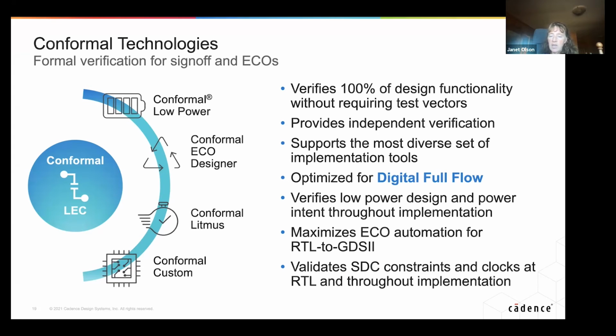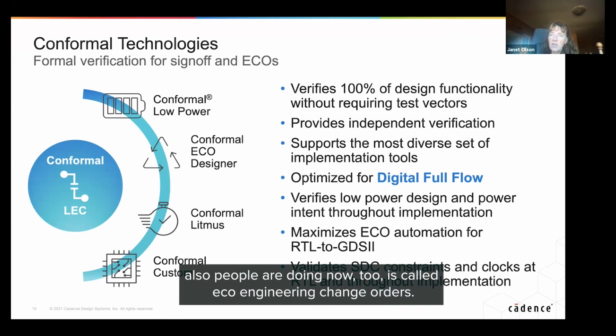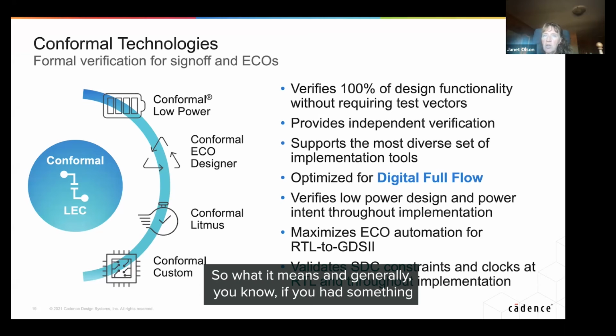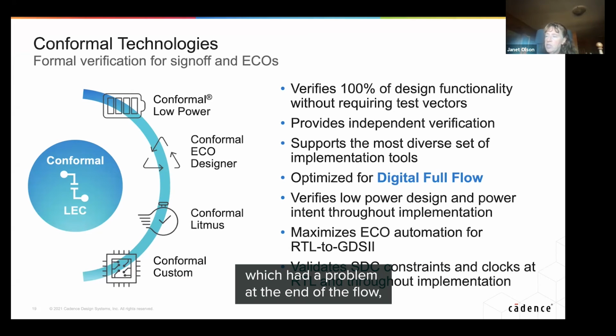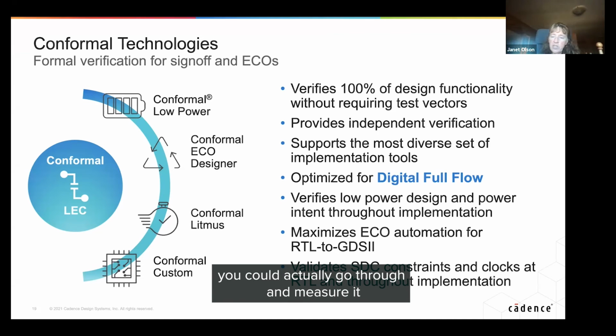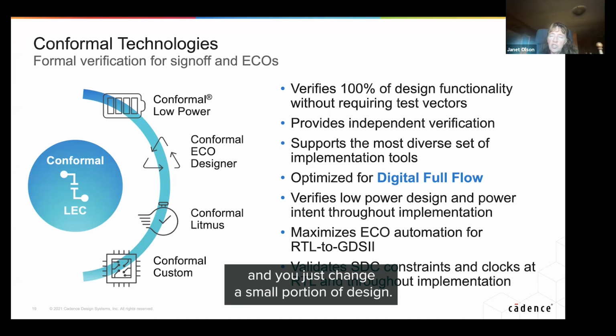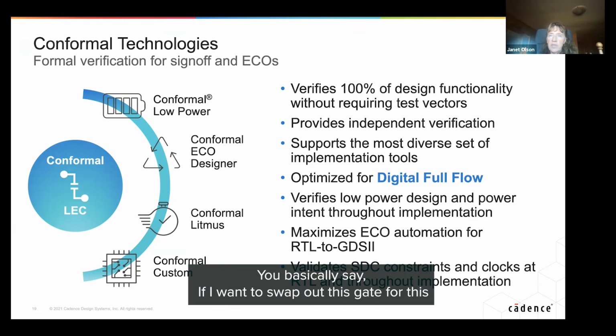We also do another thing that people are doing now, called ECO, which stands for engineering change order. Generally, if you had something which had a problem at the end of the flow, you could go through and change just a small portion of the design. You basically say, I want to swap out this gate for this other gate, and you generally do it on like 100 or 1,000 gates.